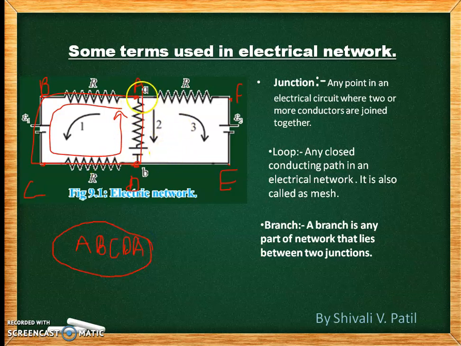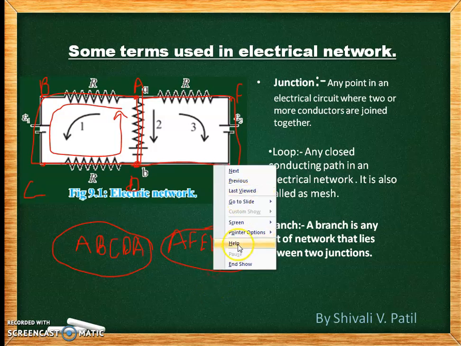Another closed loop is A to F, F to E, E to D, again D to A. That is A, F, E, D, again to A. This is another independent loop. So in this electrical network there are two independent loops.